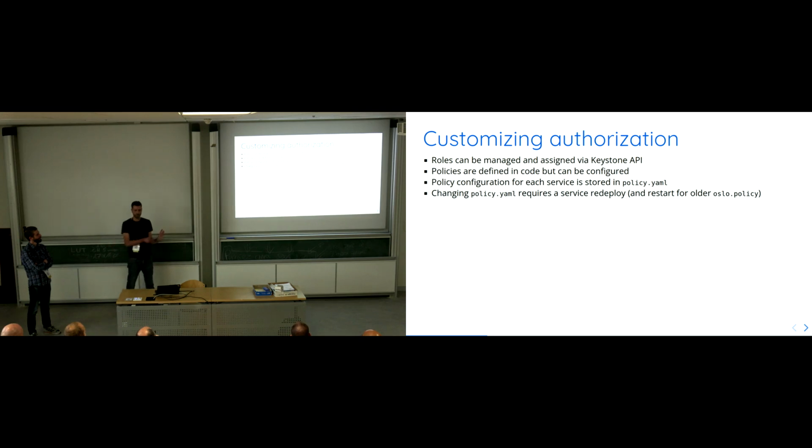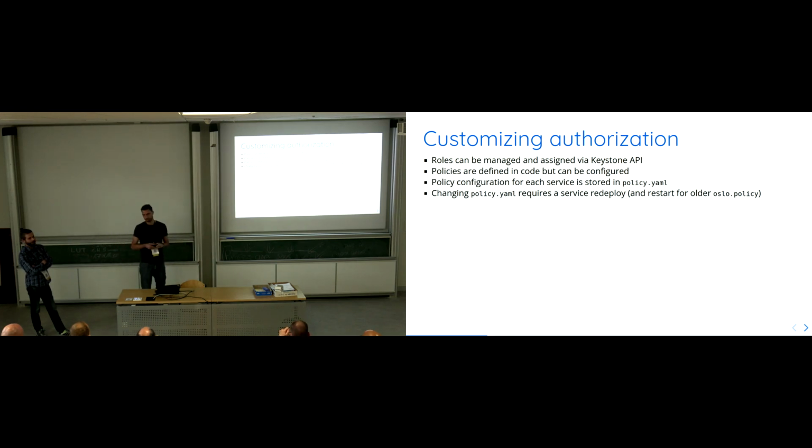And for each line, you have the policy, like get image, and then you have one string, which is like a Boolean expression that says, if the role is this, or if the visibility of the image is public, etc. And you can customize that. The thing is, if you start trying to do more complex things, then you have to embed the complexity in this Boolean expression on one line in this file.